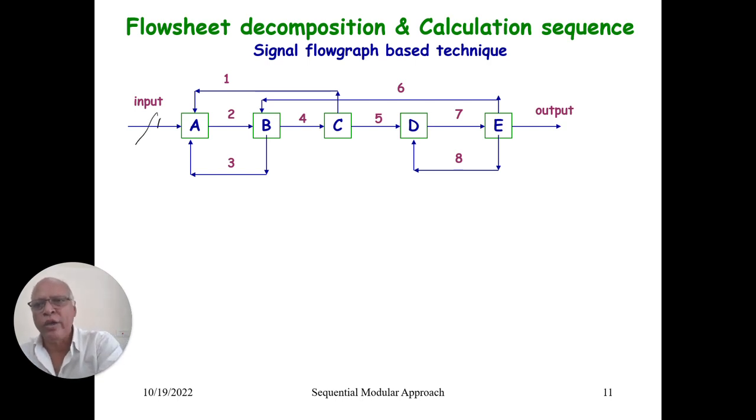So even if they are present, try to ignore them. You don't have to worry about either input stream or output stream. In other words, this algorithm needs to be applied for all the intermediate streams only, because the tear streams will have to be only intermediate streams. They cannot be inputs. Inputs are going to be defined. Outputs are going to be calculated. So they need not be considered.